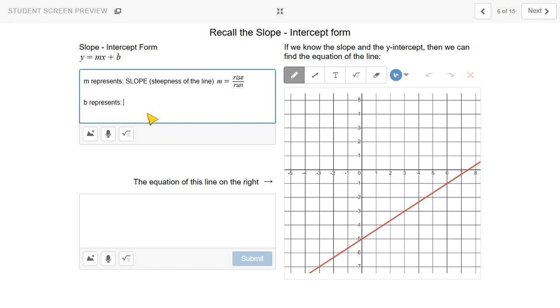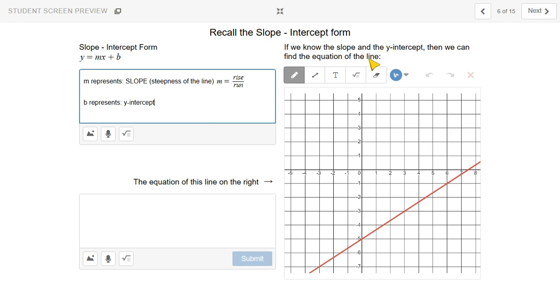What does b represent? b represents the point where it crosses the y-axis. So if we know both of those things, then we can get the equation of the line. Now this time, instead of me giving you the m and the b, you're going to find the m and the b based on the graph.